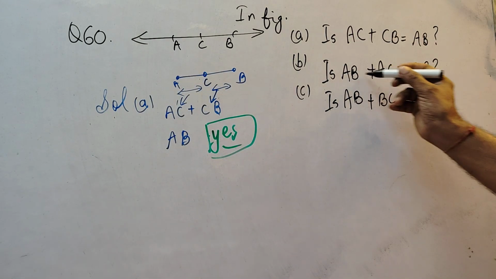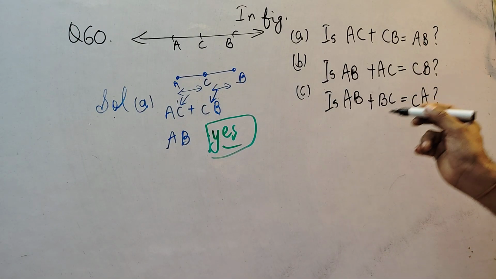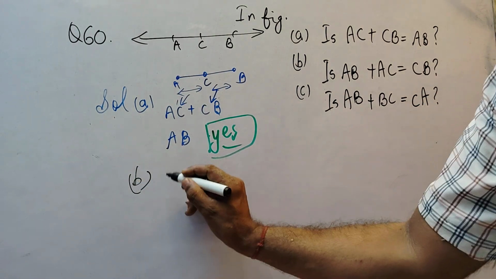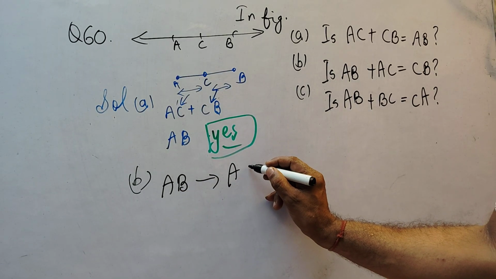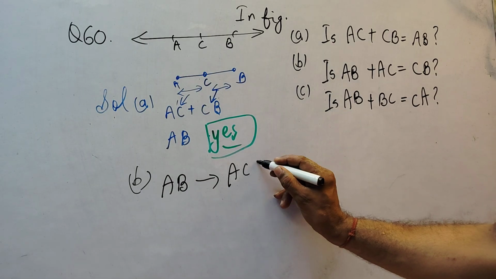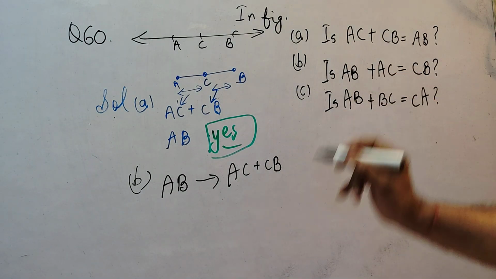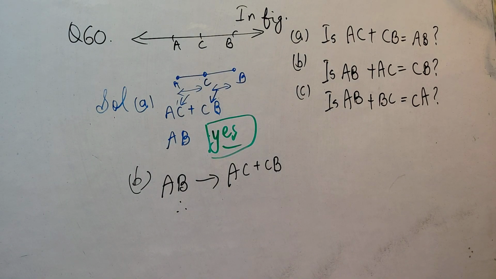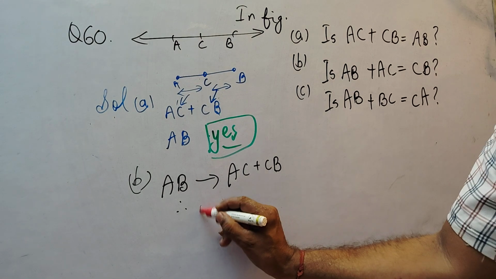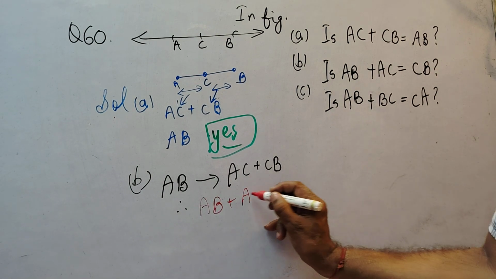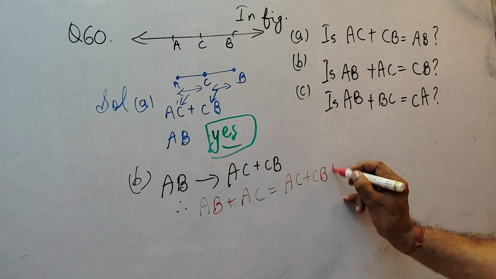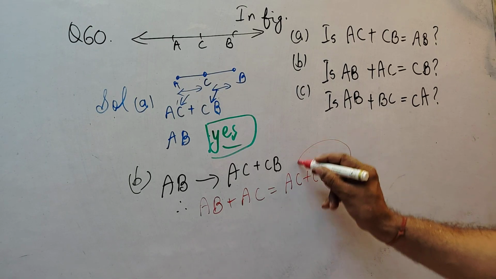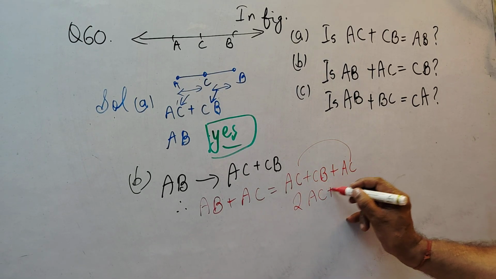Now in B part: is AB plus AC equal to CB? AB means the complete segment, which has two parts, AC plus CB. So AB added with AC becomes AC plus CB plus AC, which is twice AC plus CB.